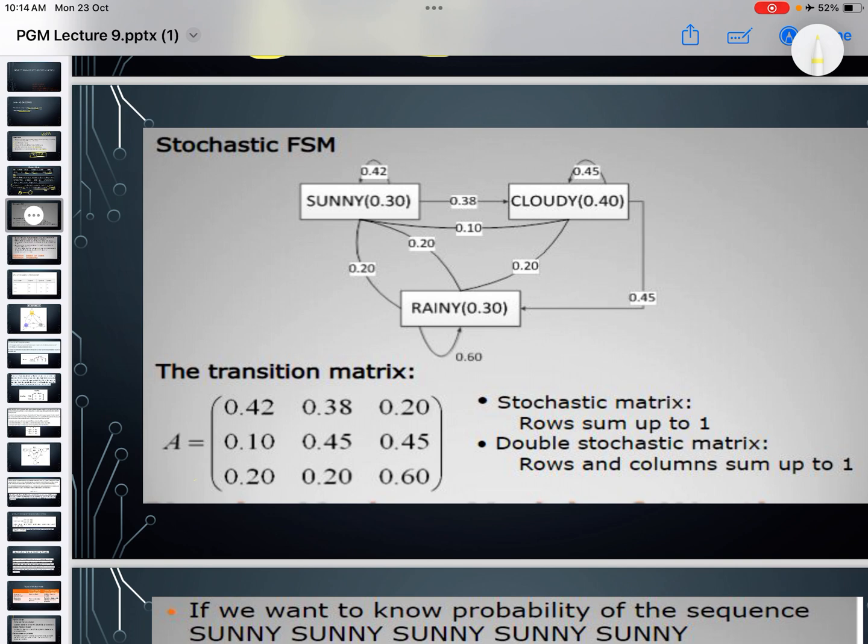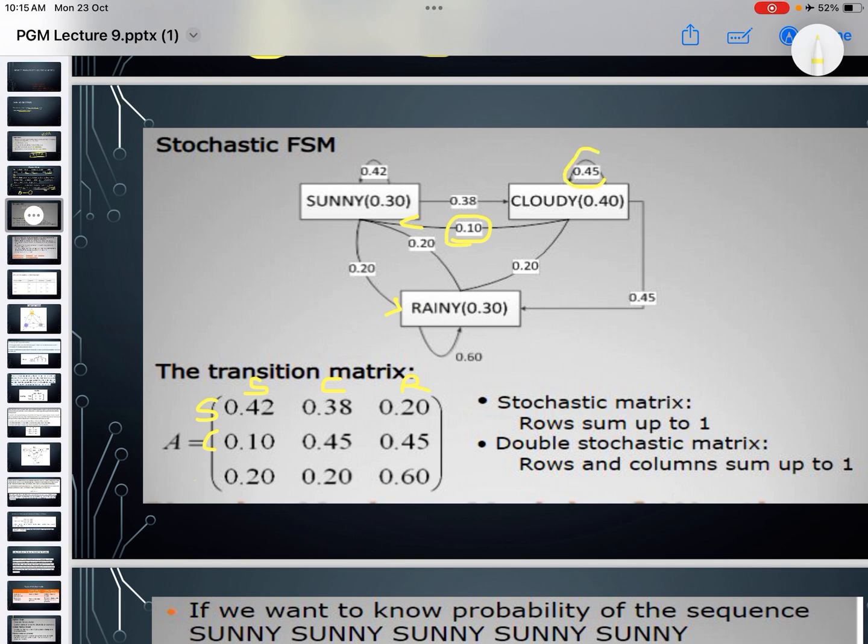So the transition matrix is given, A equal to this. Now how do you get this transition matrix? Sunny to sunny is 0.42. Sunny to cloudy is 0.38. Sunny to rainy is 0.20. Next, cloudy to sunny is 0.10.